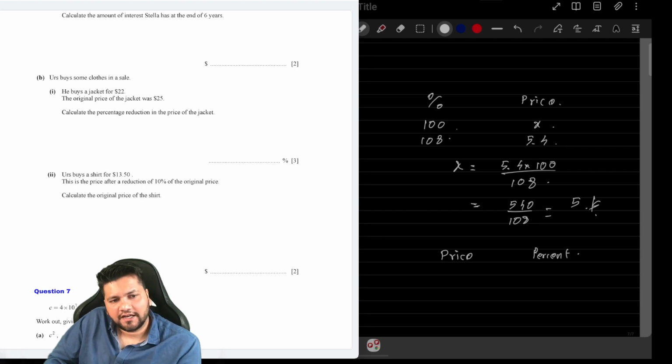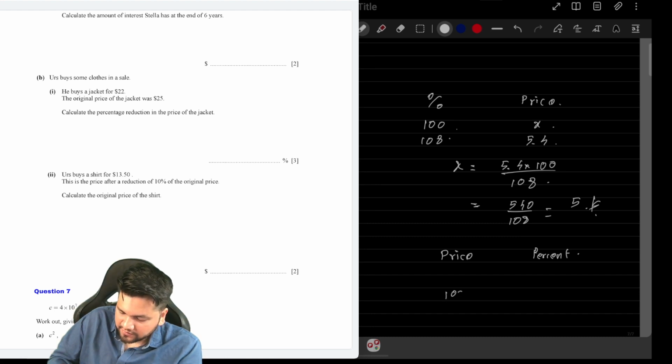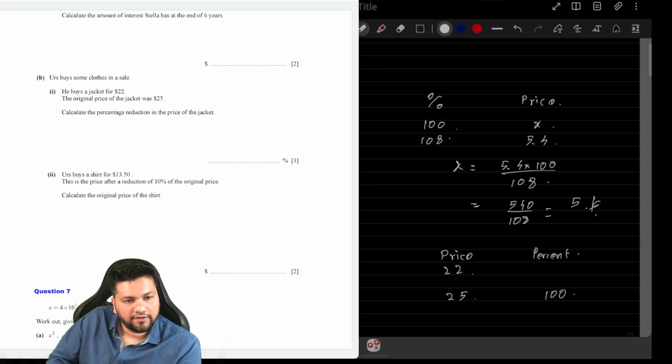So he buys a jacket for $22. The original price of the jacket was 25. Now see, original price is going to be the 100% price. So 100% price was 25. He buys it for 22, and we need to find how much is the discount on it.